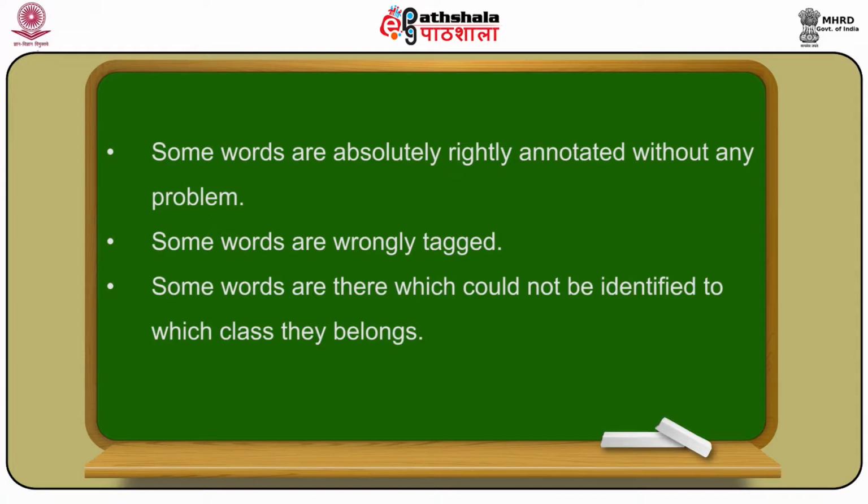Not many, but a few words have been wrongly tagged because of doubts about how they are treated in the lexical database. So we have also come across confusions over which of two classes a word belongs to. Particularly, I can give you an example. Say the word Jama was confused whether it is a Persian word or an Arabic word.